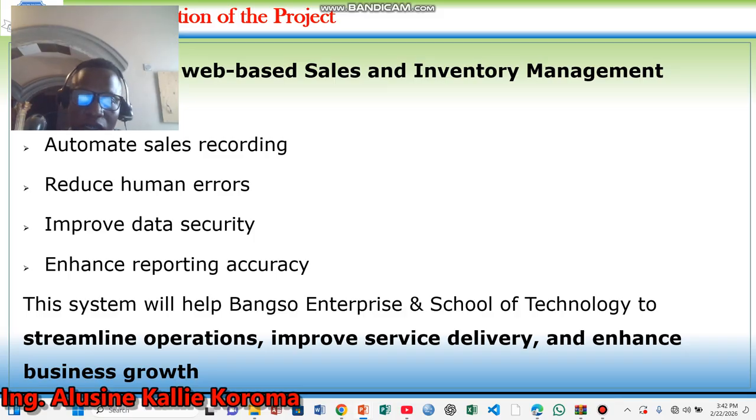It will improve data security, since it is a very secure application, so not everybody will look into the system and see what they have sold for the day. The system will help Banks Enterprise and School of Technology to streamline operations, improve service delivery, and enhance business growth.